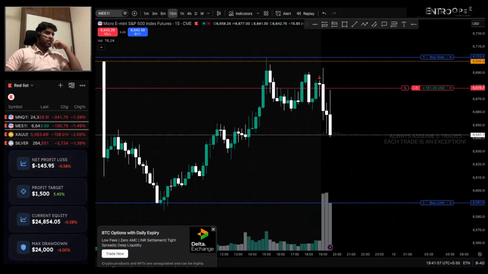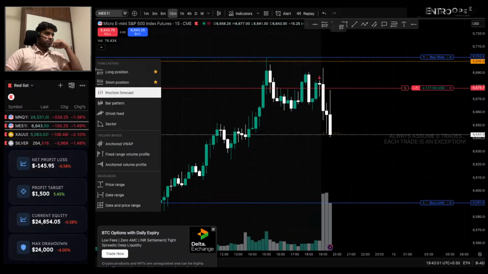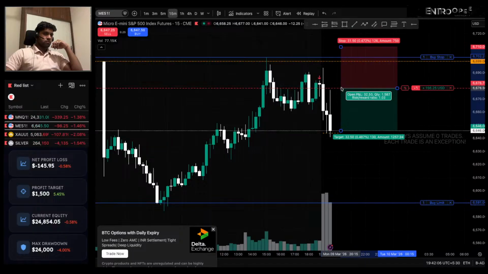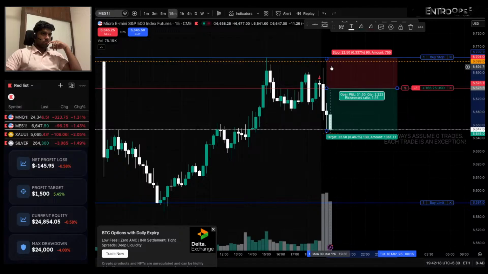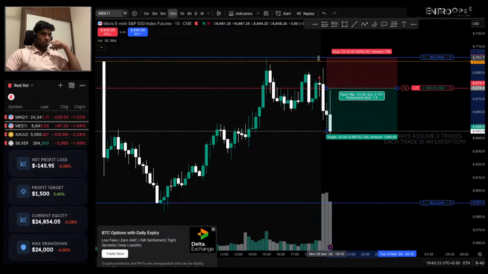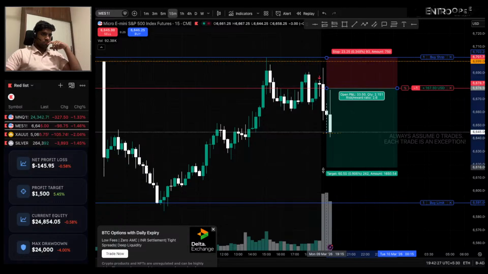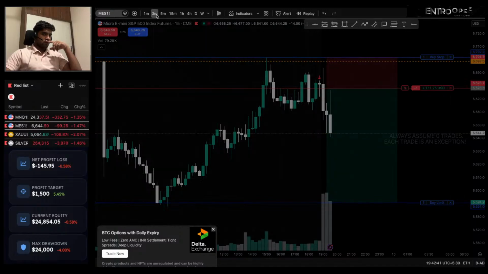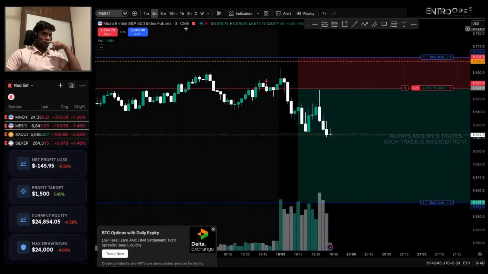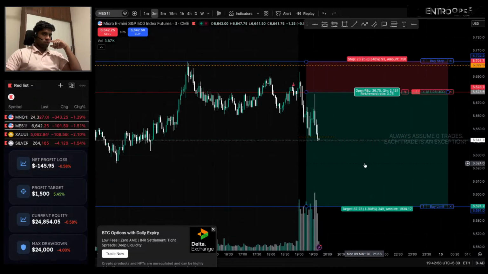Let's see what's the RR for this trade if it works. It's 3.75 RR.